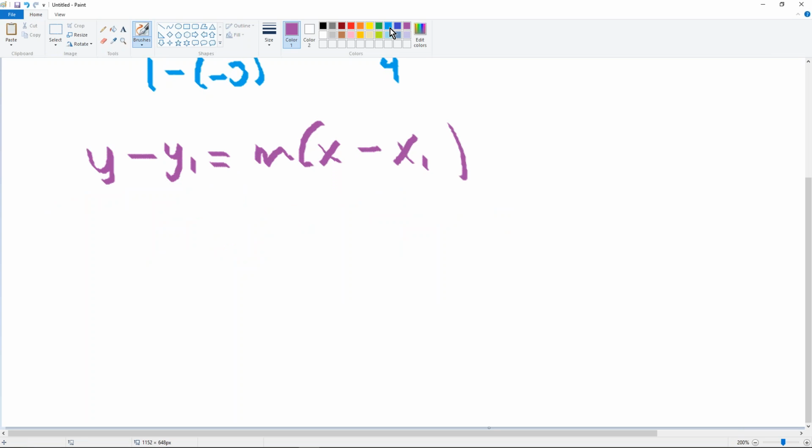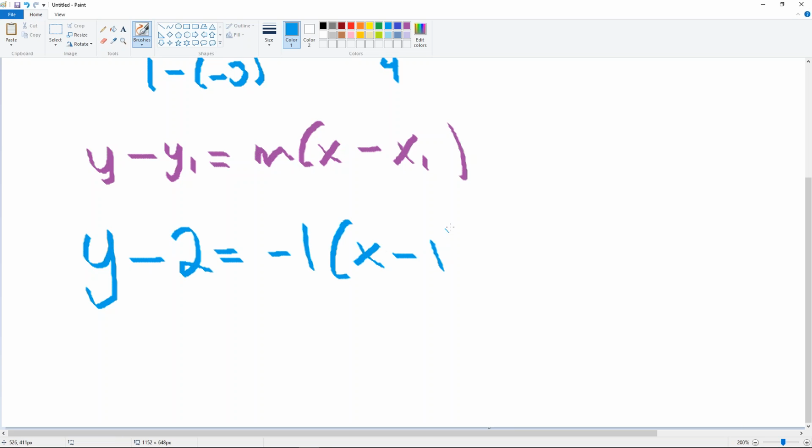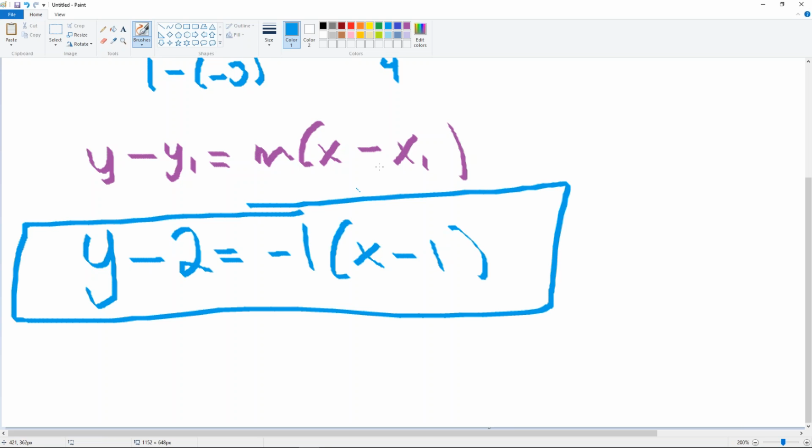I'm going to use the one that has positives. So y minus 2 equals -1 times x minus 1. And just like that. Oh, that's it? Yeah.